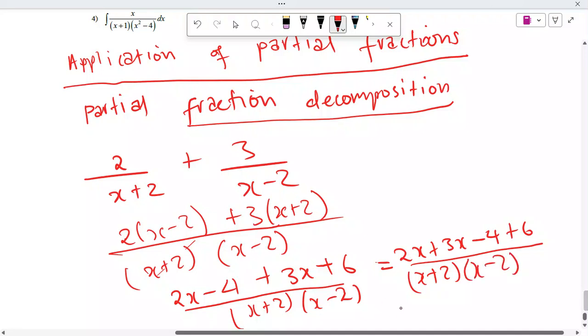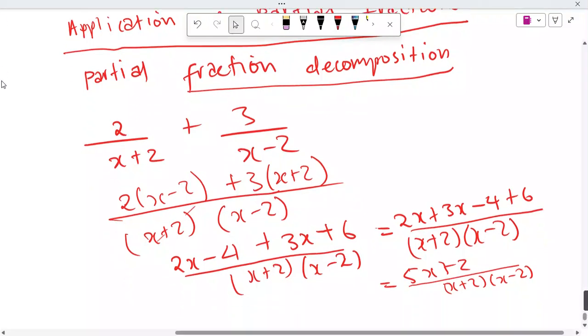So this will be 5x plus 2 over x plus 2, x minus 2. So we learned this at our grade 12, but now we want the reverse.